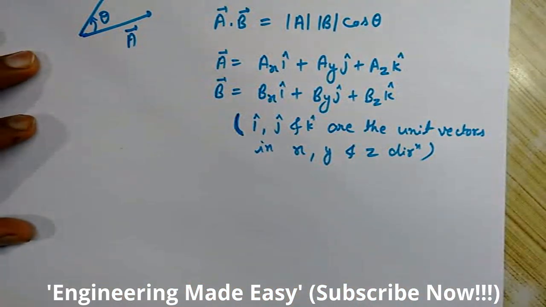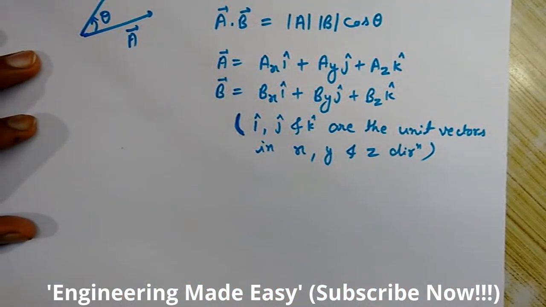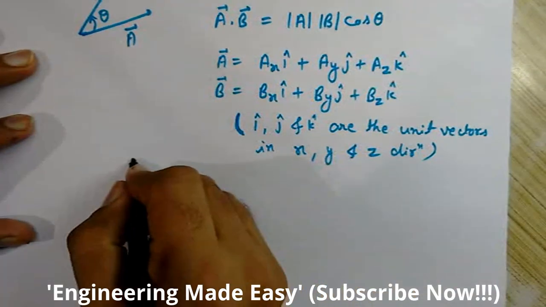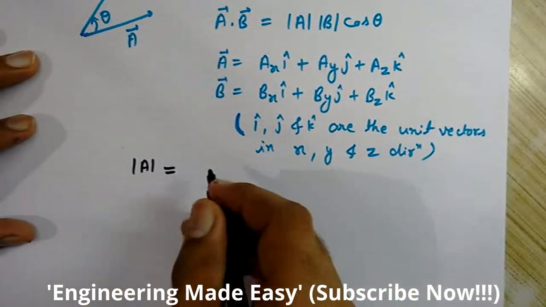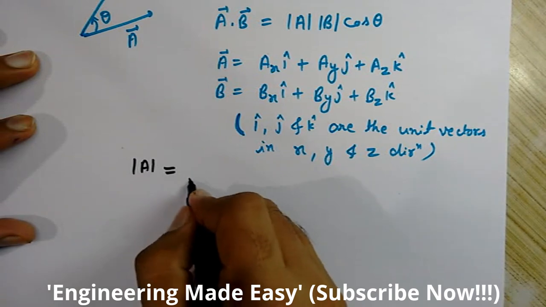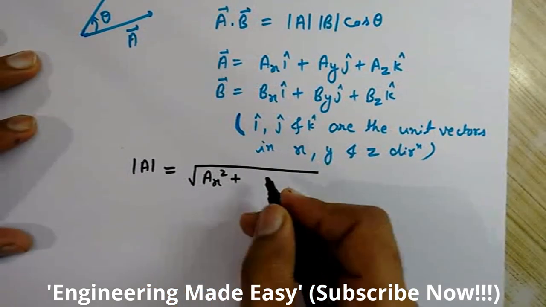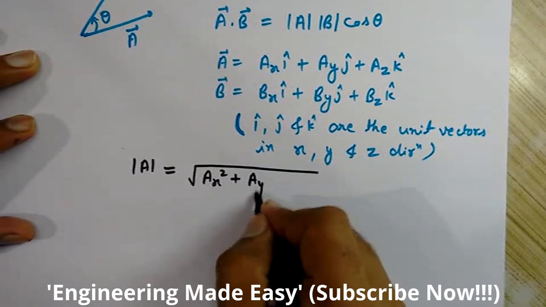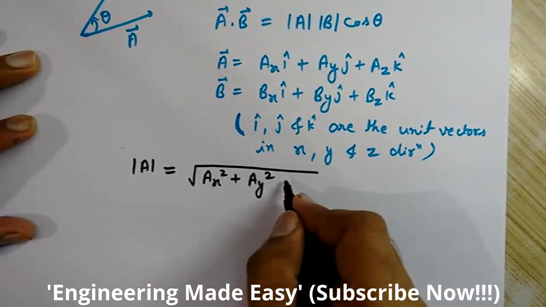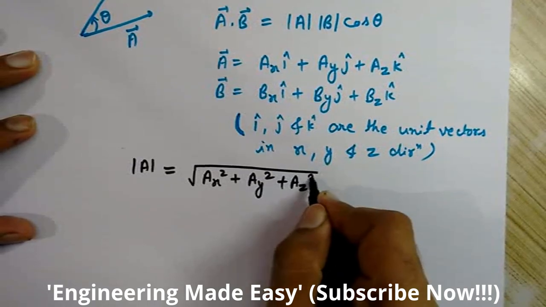So we represent the magnitude of A as under root of AX square plus AY square plus AZ square.